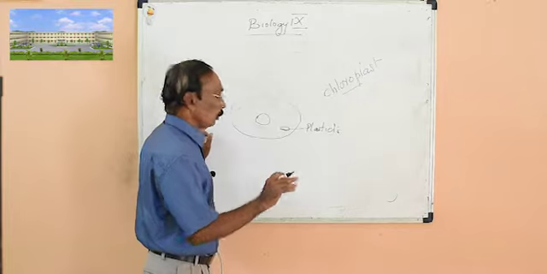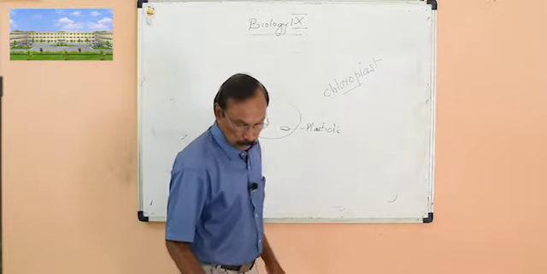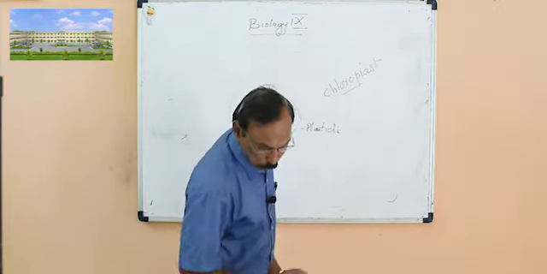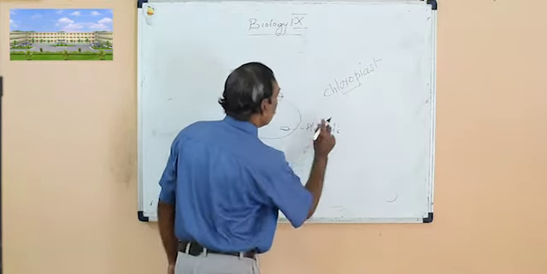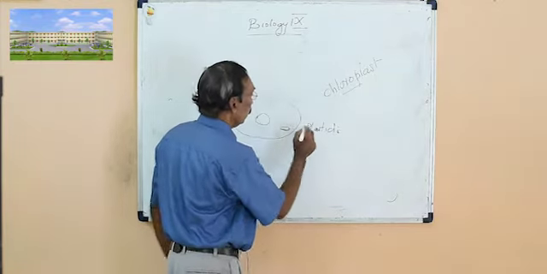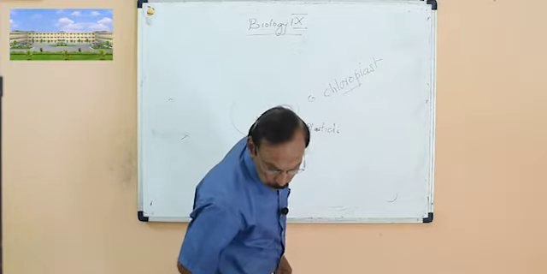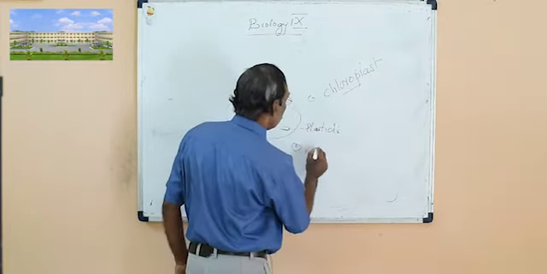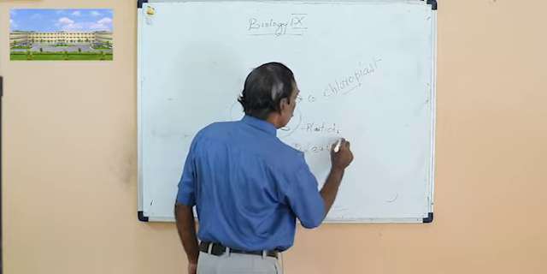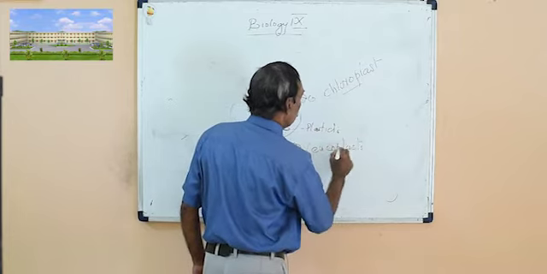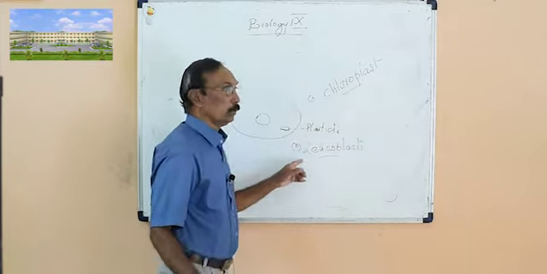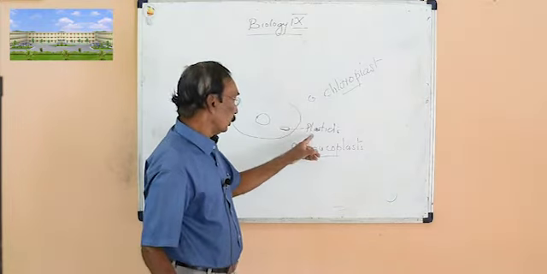Then one more type of plastid is called leucoplast. This is chloroplast, and the second type is leucoplast. The function of leucoplast is storage.